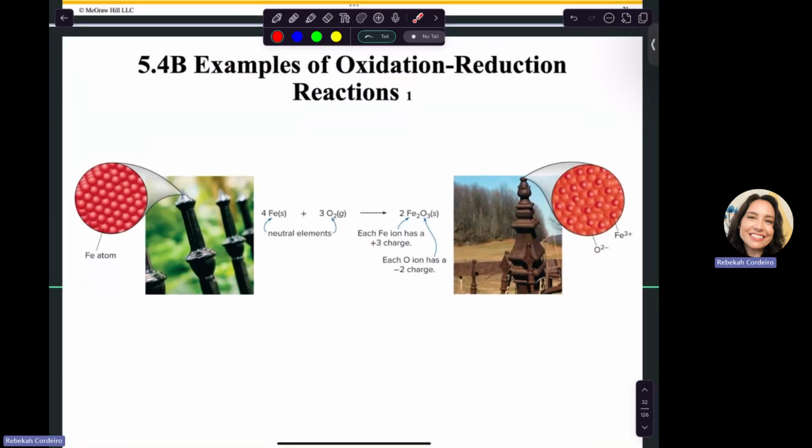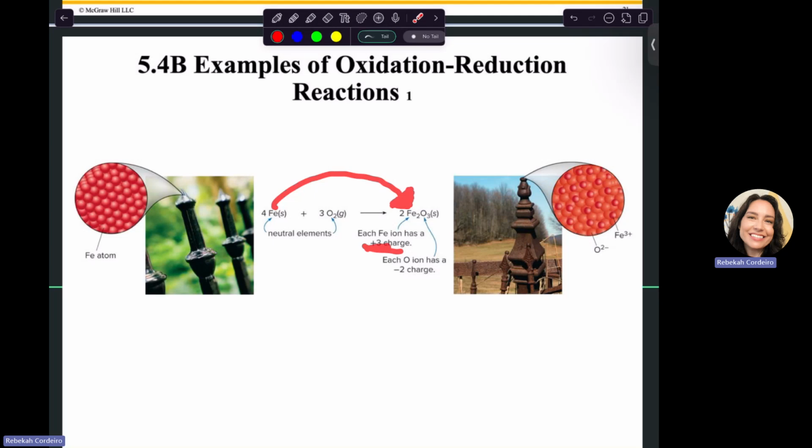So some examples you may see in the wild, I guess, is iron oxidizing. And so you see some iron, it starts to get rusty. That rust is actually iron 3 oxide. And so iron is neutral on the left side, and on the right side it has a +3 charge. So think about what happened to the iron. It went from 0 to +3. Was it getting more positive or getting more negative?